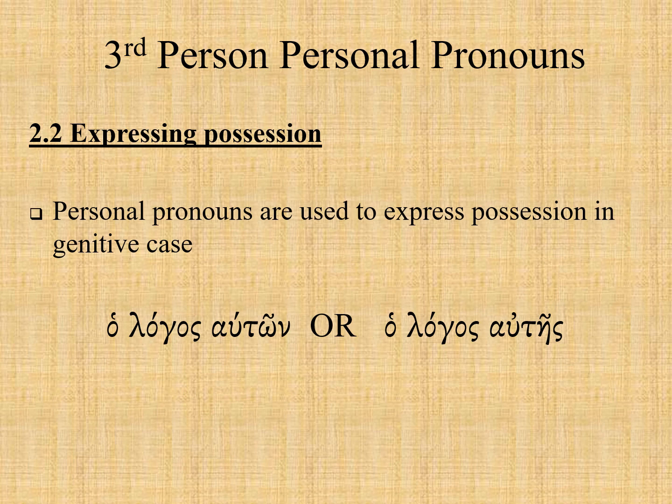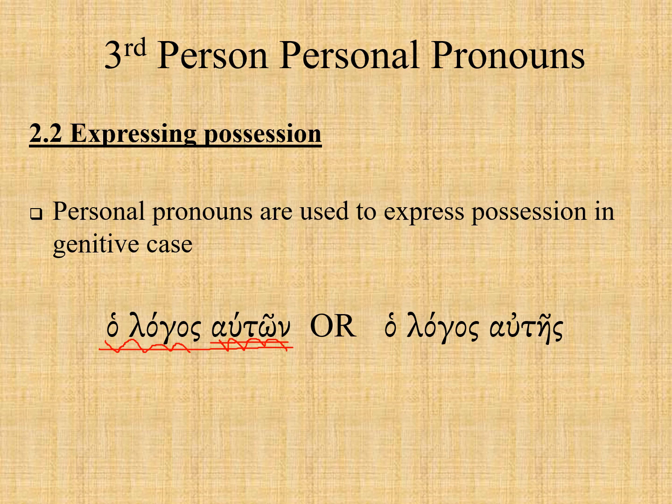Then we also have the most important usage of the personal pronoun autos, which is to express possession, especially in the genitive case. Let's read the sentence, ho logos auton. The word, and then auton in plural genitive, literally the word of theirs, and then obviously we translate it as their word.